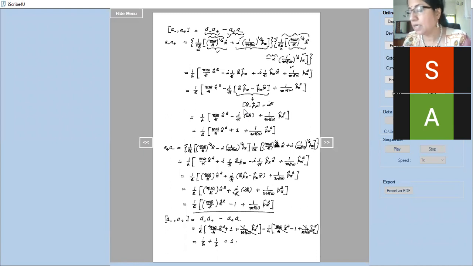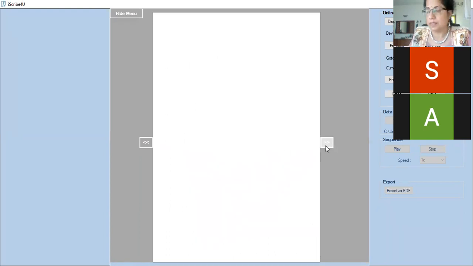So thereby, the commutator between a minus and a plus is 1. All right? So let me just write it down in the next page. So therefore, the commutator of a minus a plus is equal to 1. The very, very important result. Please, please, please remember it.